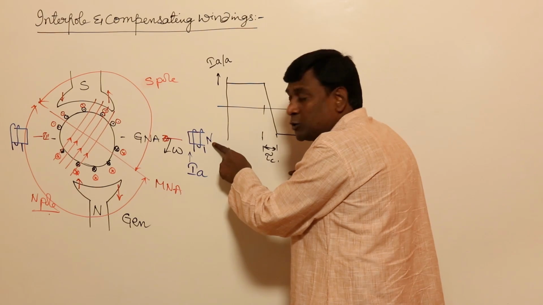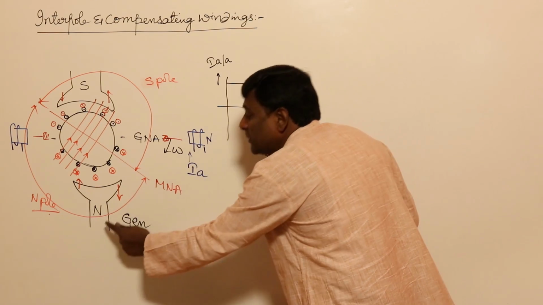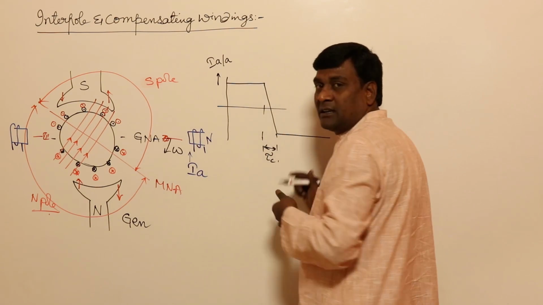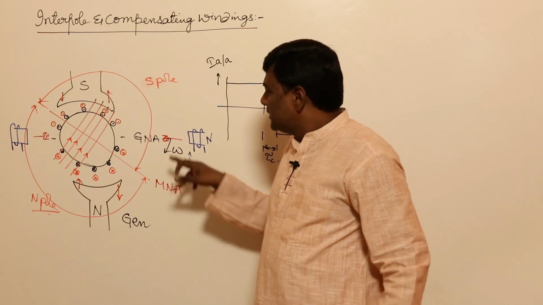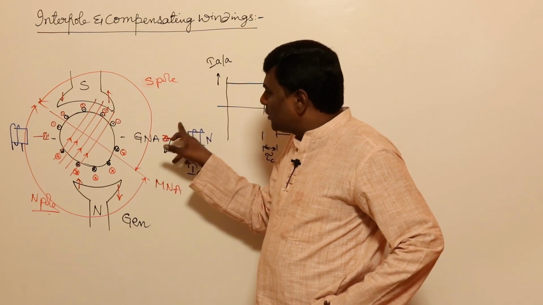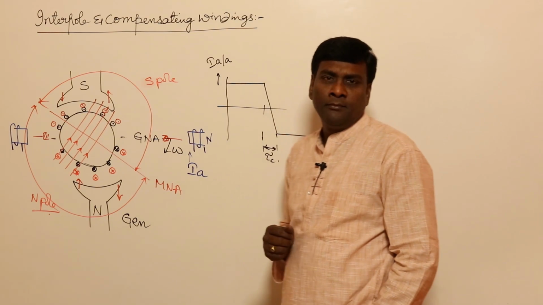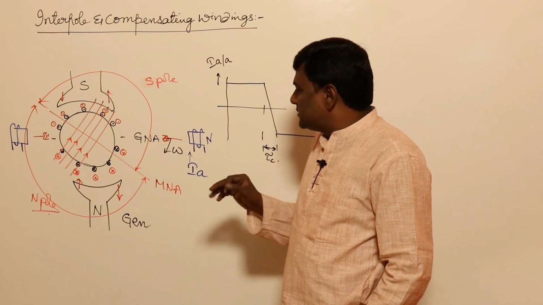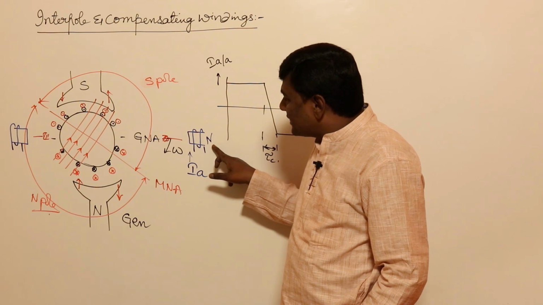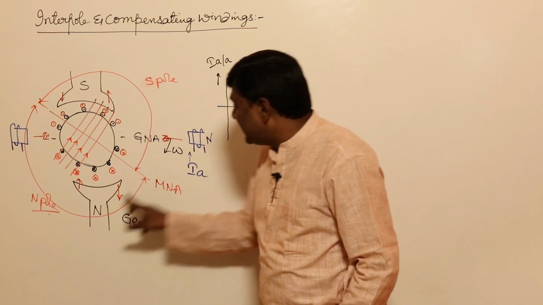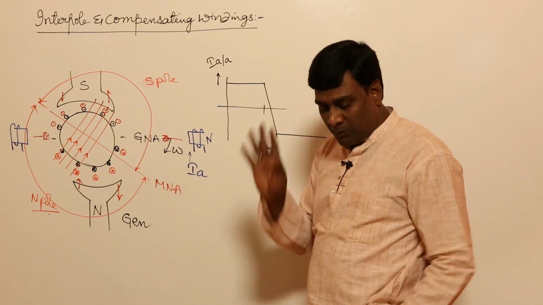Interpole polarity should be the polarity of the main pole ahead in case of a generator, or the main pole behind in case of a motor, because if the generator is rotated in this direction, the motor's direction of rotation will be reversed already. So the polarity of the interpole, whether it is N pole or S pole, will be decided by the main pole ahead in a generator. Keep that point in mind.